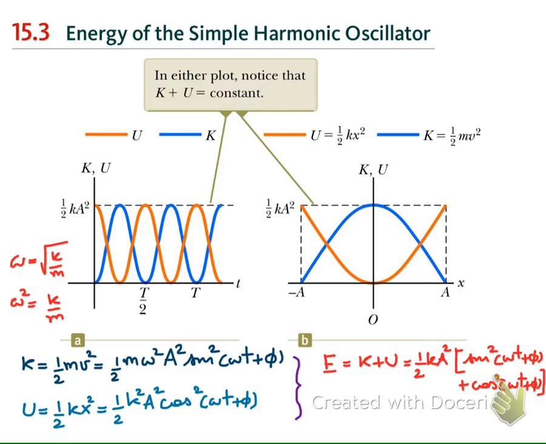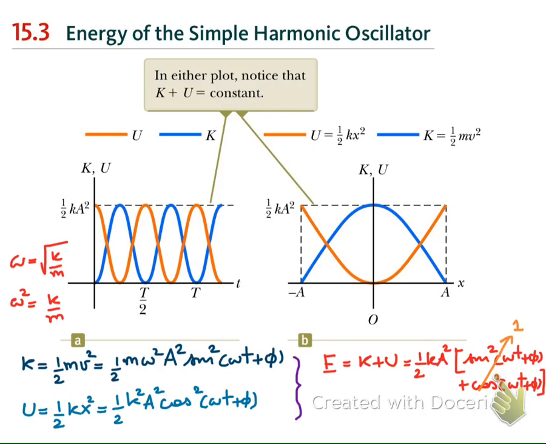Okay, but from the trigonometric identity, we know that this term, the sum of sine squared and cosine squared, is equal to 1.